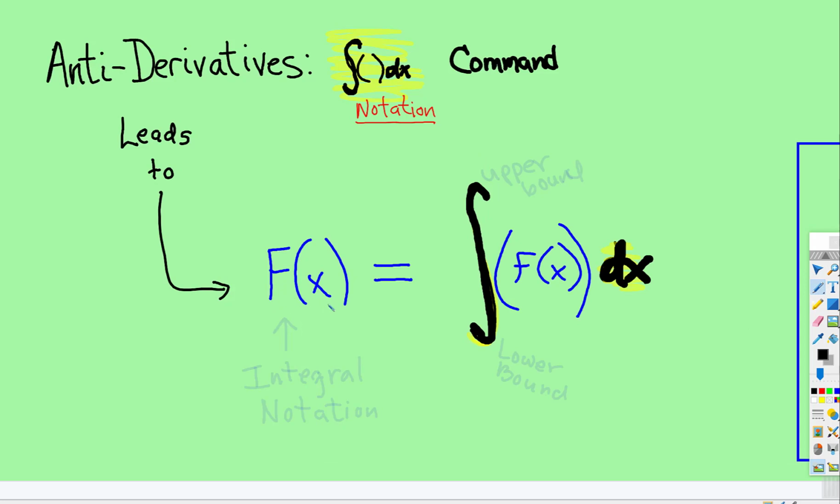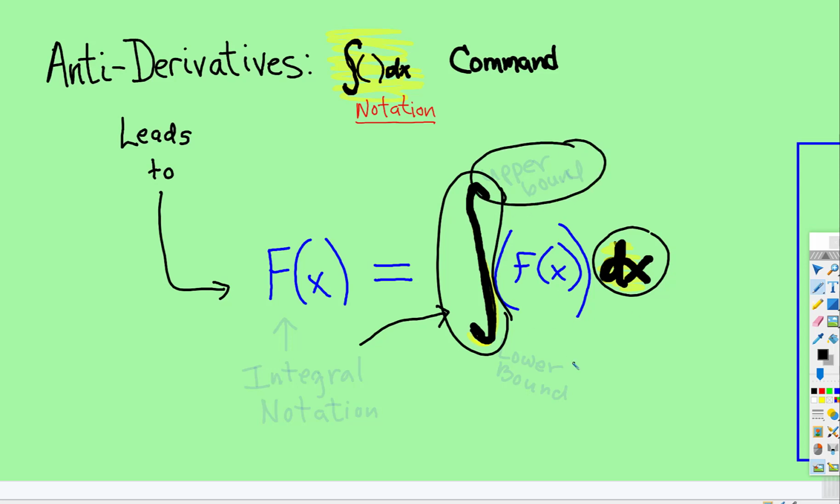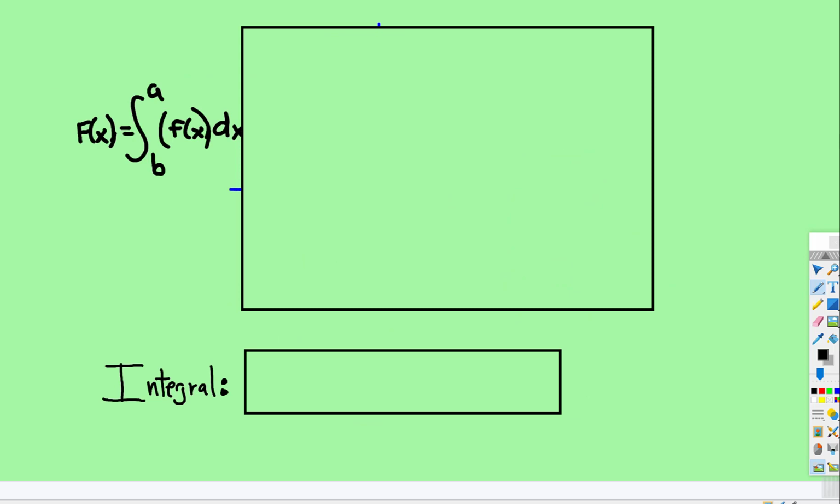So capital F of x is the integral notation accompanied with the command find the integral of this function. So this phrase right here working together means find the integral. And then pretty soon we're going to be working with upper bounds and lower bounds, but I'll talk about that a little bit later.